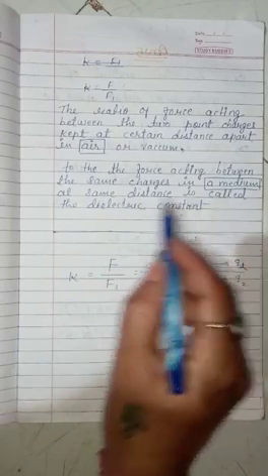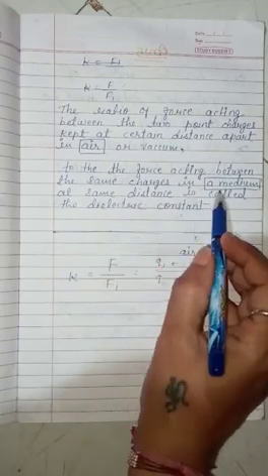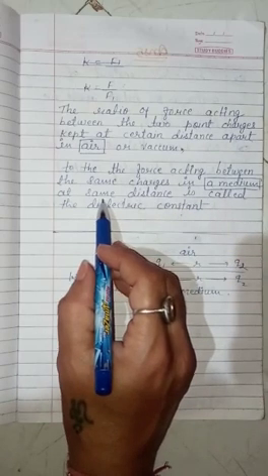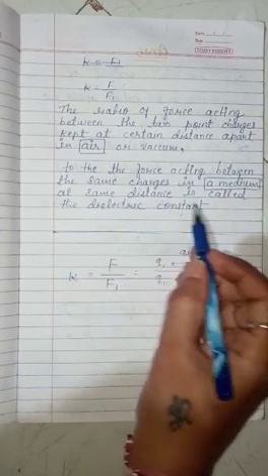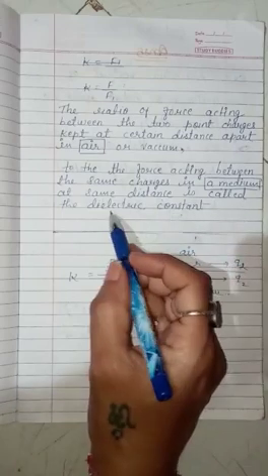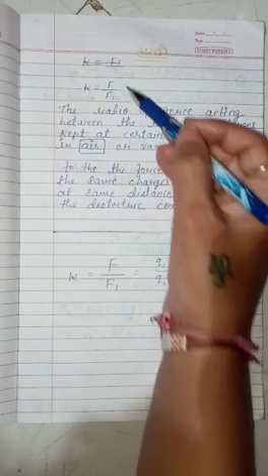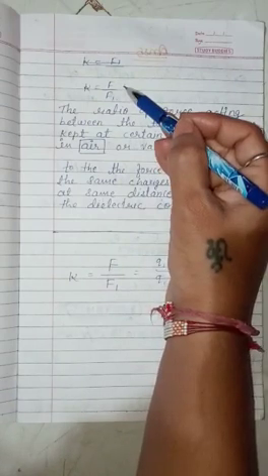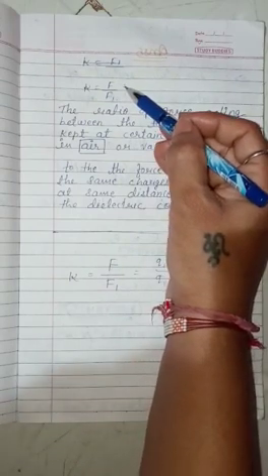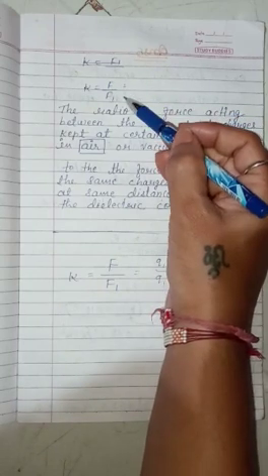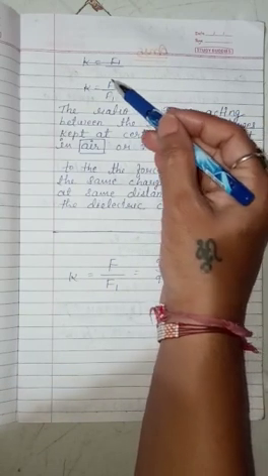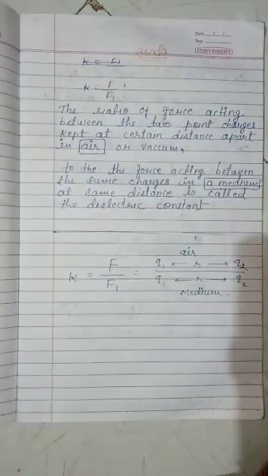Or in simple way we can say the force acting in air and the force acting in the medium, and their ratio is called the dielectric constant.